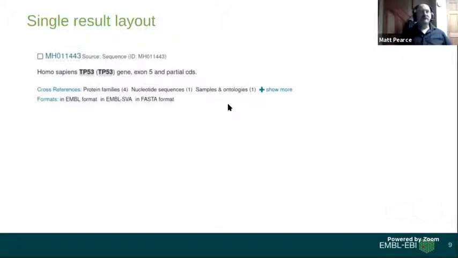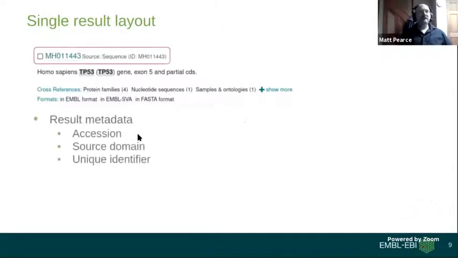If we look at a single result layout here, at the top, we've got the result metadata next to the selection checkbox, consisting of an accession or a title link, details of the source domain, the data set that the result has come from, and a unique identifier associated with the item.